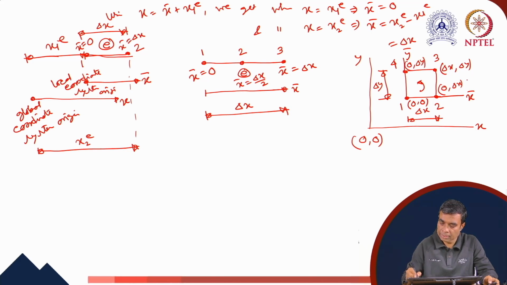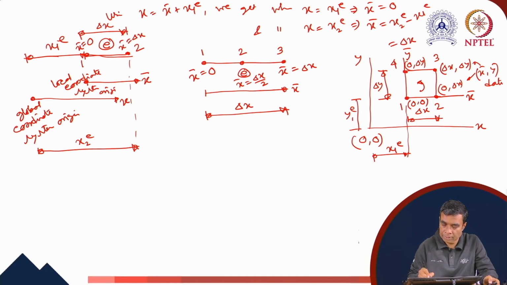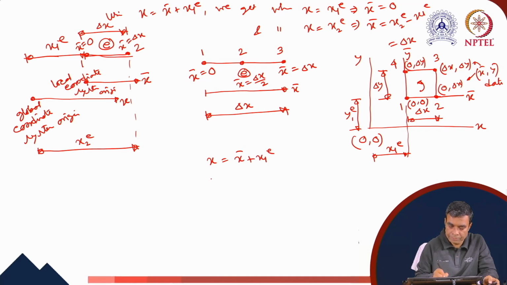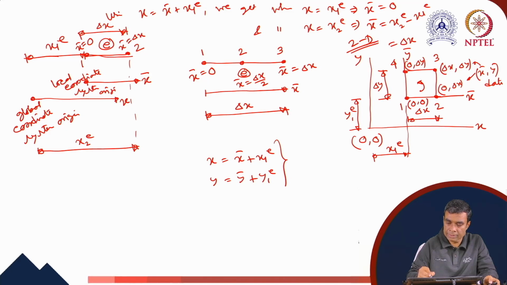So these are the x bar, y bar data. And the actual distance from the origin of the first local node is x1e and y1e. So we use x equals x bar plus x1e, y equals y bar plus y1e.